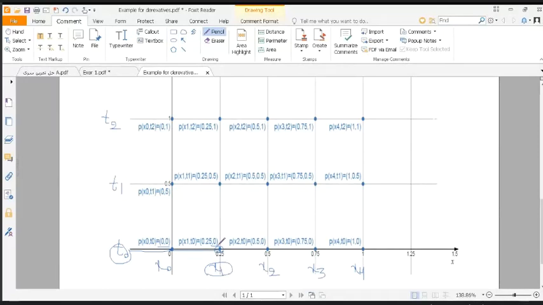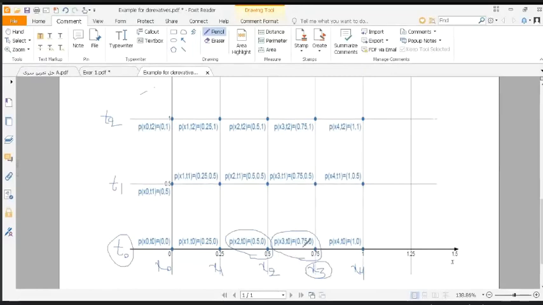What about this point? The x is x2, and the t is still t0.